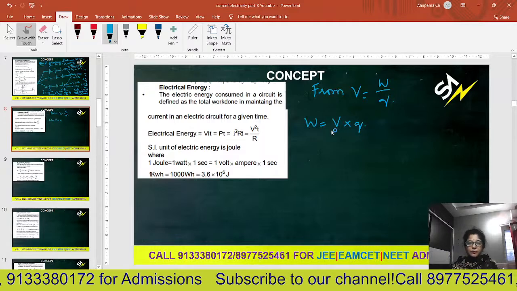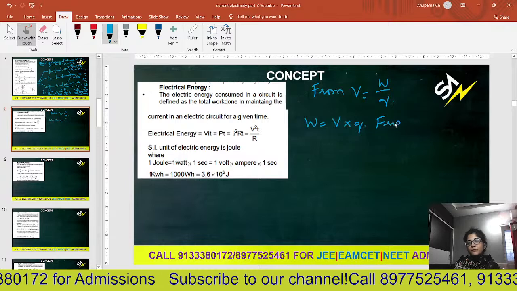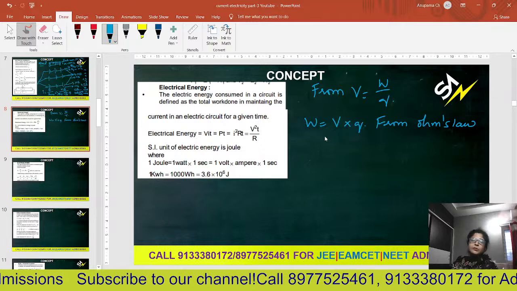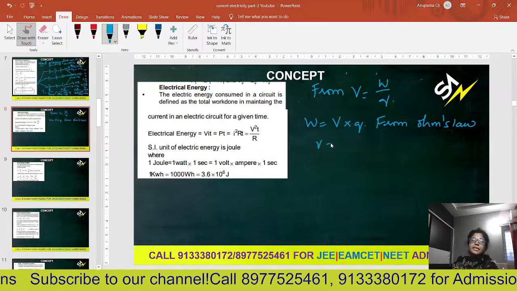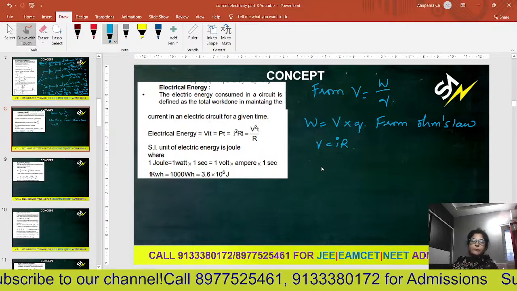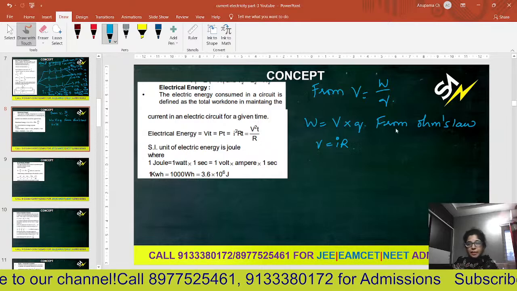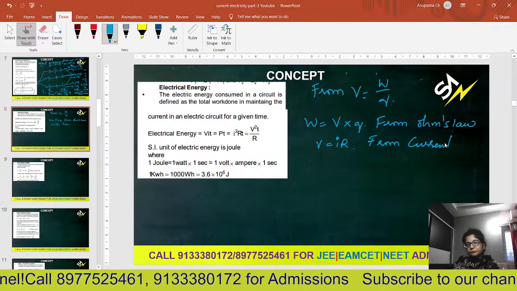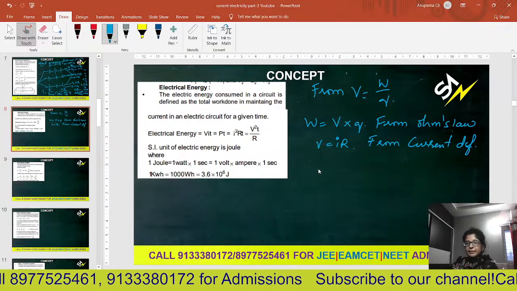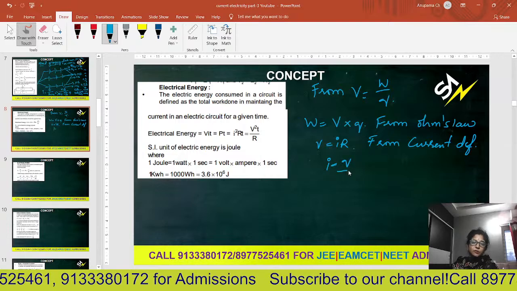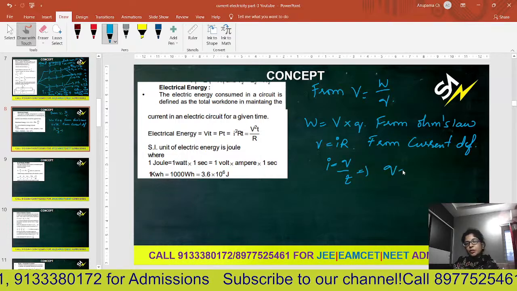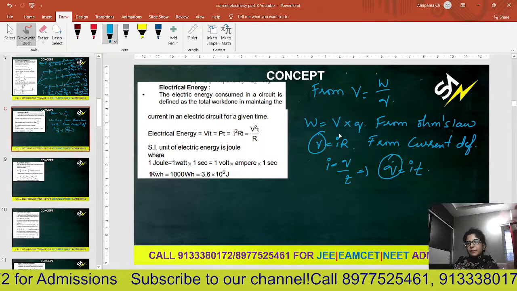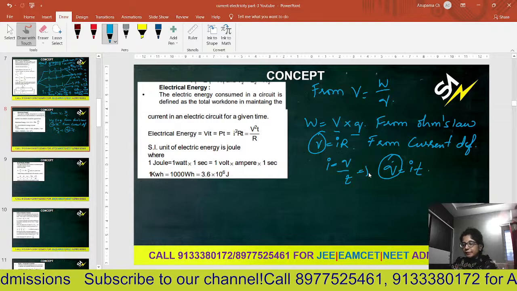Okay, potential into charge. From Ohm's law, we have V is equal to IR. And from the current definition, we have I is equal to Q by T, or I can write Q is equal to I into T. Now this Q formula and V formula I'll put in the work done formula.